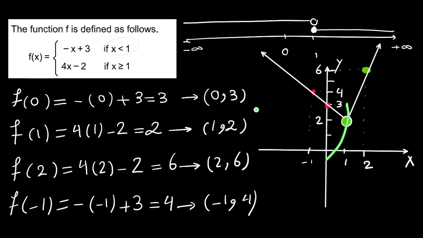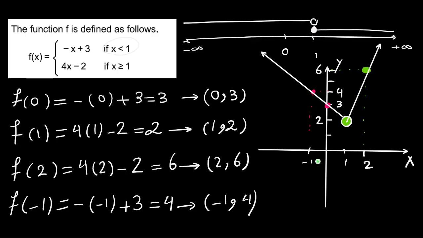So it's decreasing from negative infinity to x equals 1, and from x equals 1 to positive infinity, it's increasing.